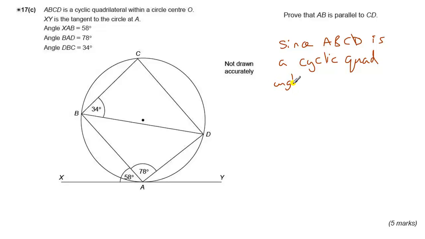Angle BCD is equal to 180 take away 78, which is 102. Now that's because on a cyclic quadrilateral opposite angles add up to 180, so these two angles add up to 180, so that makes that one 102.